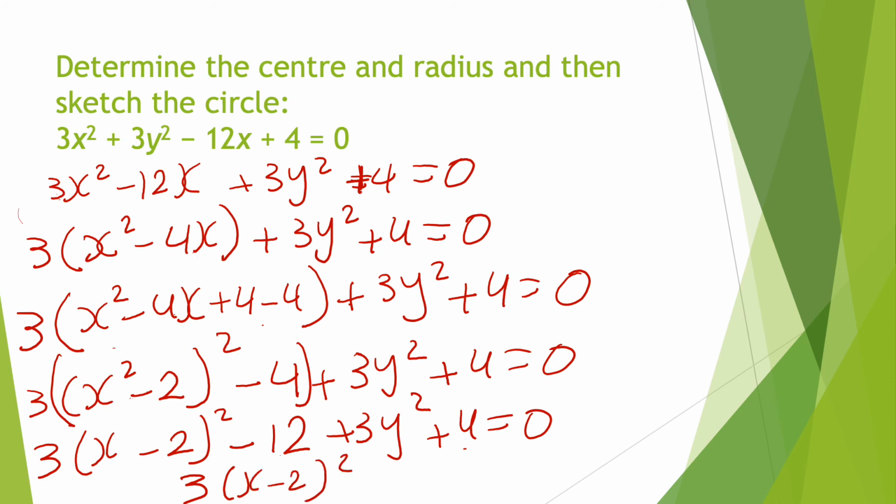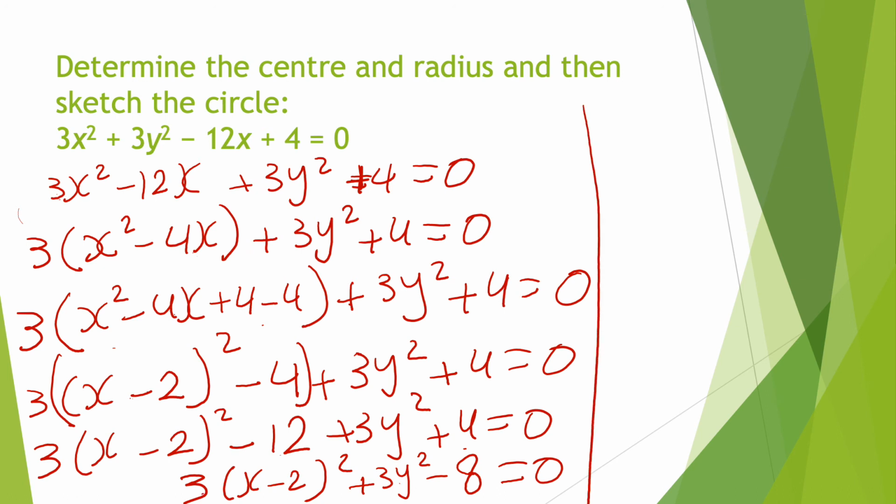There is no square here, I'm sorry, I just keep writing the square, there's no square here, and minus 12 plus 4, that's minus 8. Now I can divide everything by 3 to get rid of that 3. Now if I rearrange, I'll get to this.